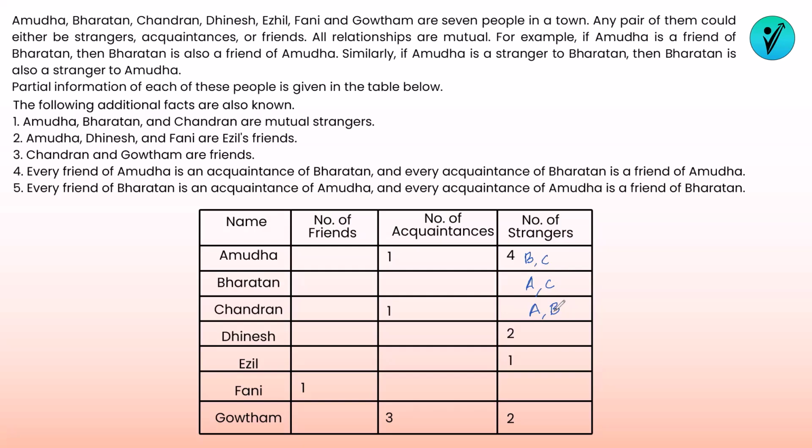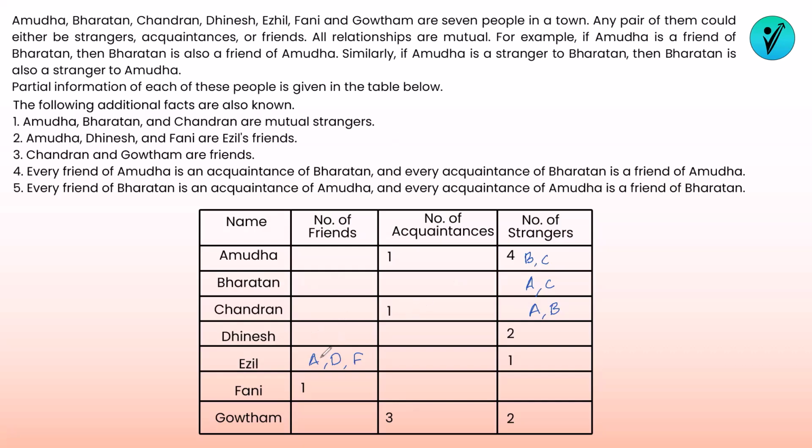Let's go to the second condition. A, D, and F are E's friends. So E's friends are A, D, and F. These ones we know for sure from statement number 2.